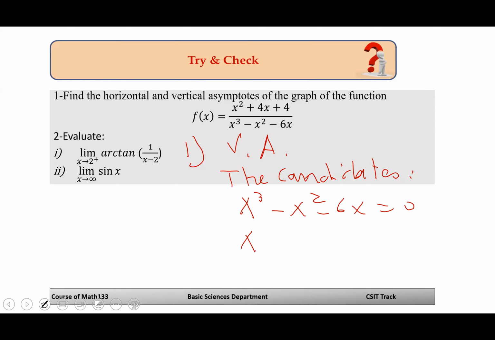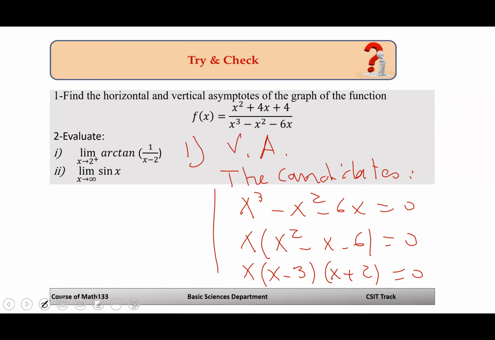We take x as common factor, and this is x squared minus x minus 6. We continue factoring. So x minus 3 times x plus 2 equal to 0. And we have 3 candidates. So whether x equal to 0 or x equal to 3 or x equal to minus 2. So I need to study all of them to see if they are vertical asymptotes or not.